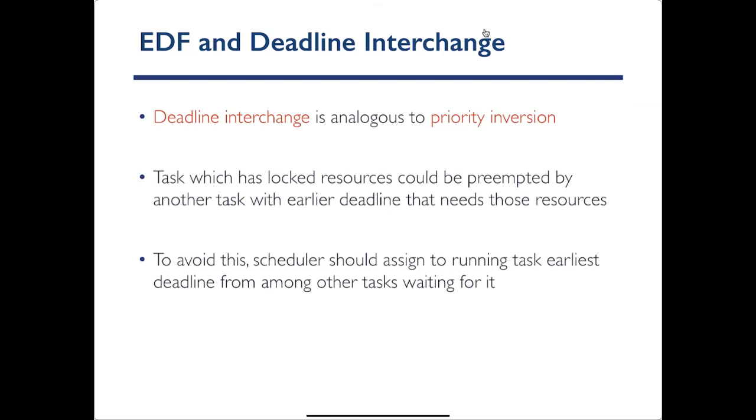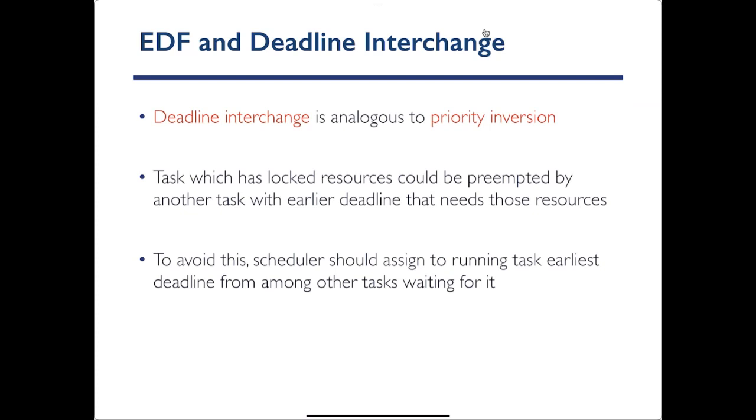So in EDF, the deadline of each job is its priority. So if a task with the latest deadline, meaning a deadline that is coming far in the future, is able to block a task with an earlier deadline, then it can inherit the deadline of the task that it has blocked.